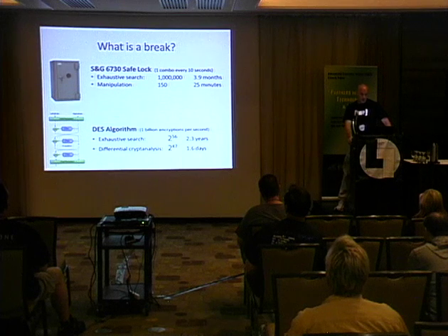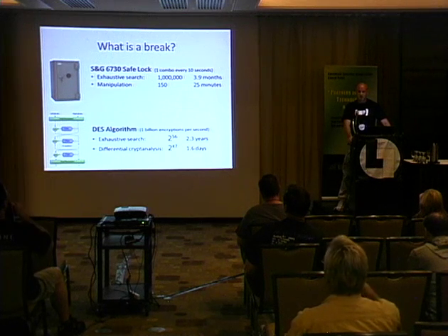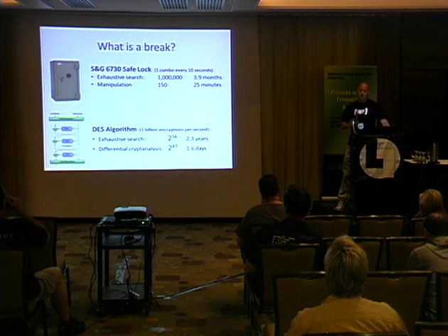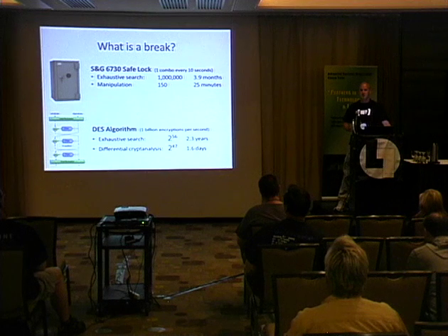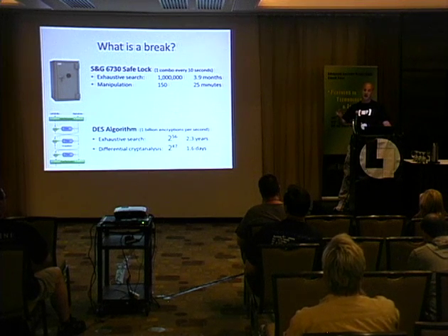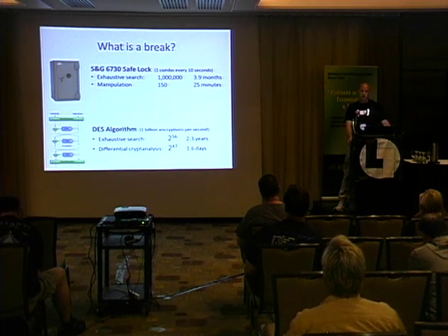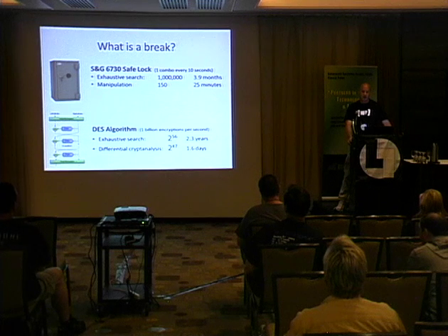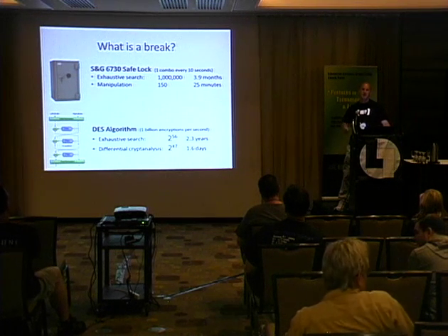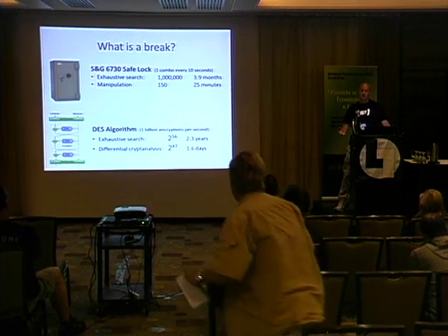All right, before we start talking about breaking ciphers, we have to define what a break is. What do we mean that we broke a cipher? Brute force means you're testing every single possible key. The analogy is testing every single combo on a safe dial. When you break crypto, you're trying to find the key in less computational effort than exhaustive search.